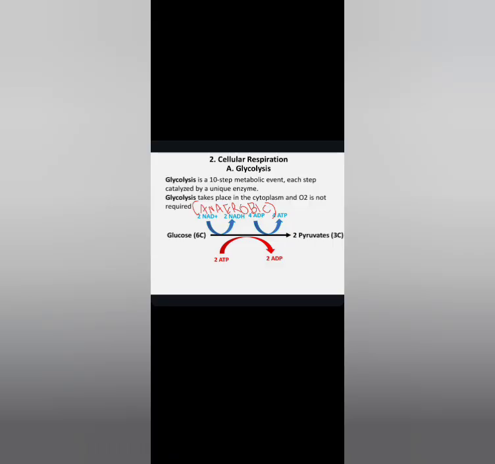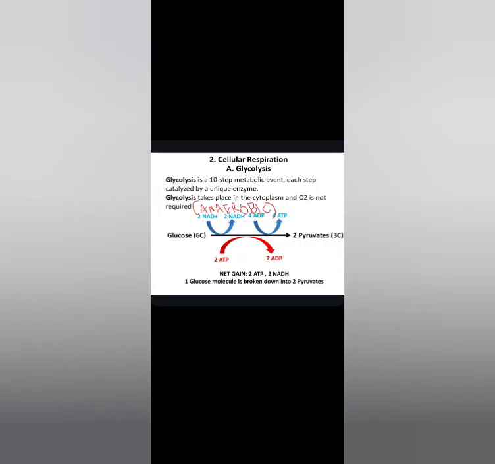But at the same time, you are reducing 2 NAD plus into 2 NADH, and making 4 ATP. So you are spending 2 ATPs, but you are making 4 ATPs and 2 NADH.